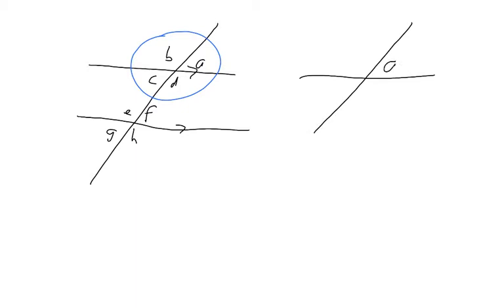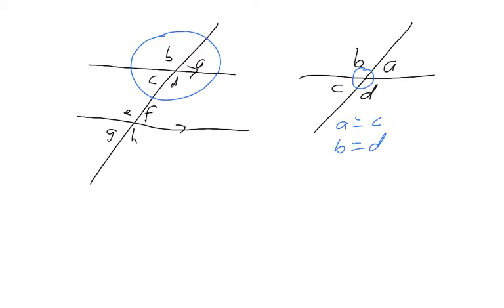We've got A, B, C, D. Now that looks like something I've drawn previously in a previous video. They look like vertically opposite angles. So all those angles there have to add up to 360 degrees. And we know that A equals C, B equals D.